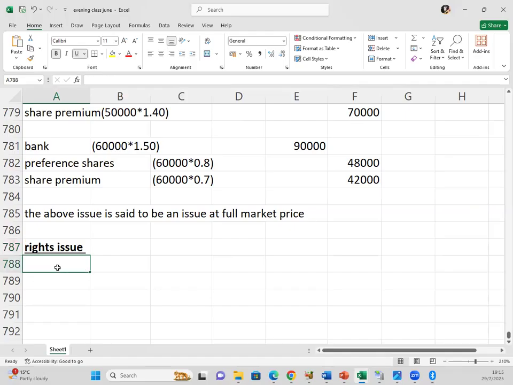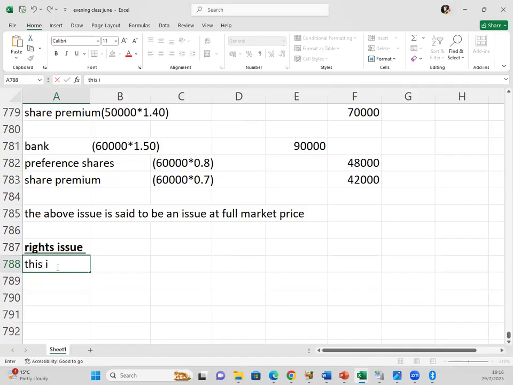If it's a rights issue, this issue has to be made to existing shareholders.